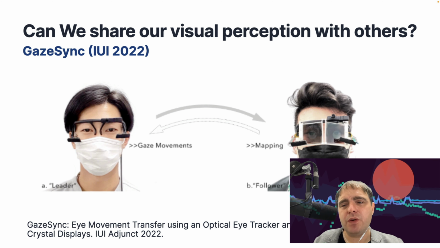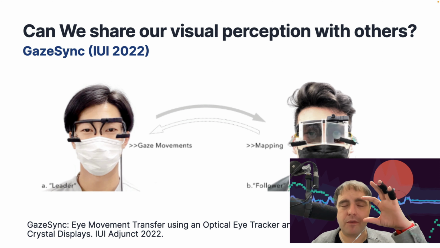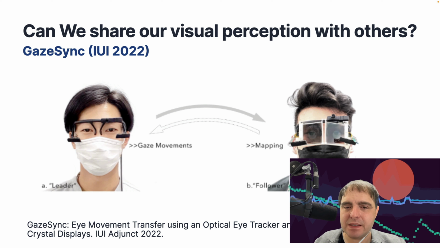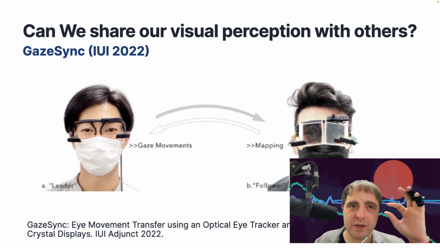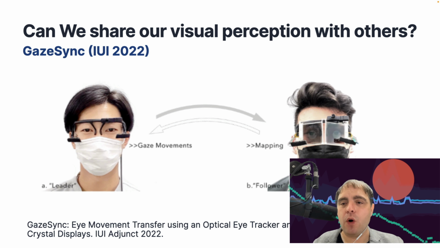In that case, we would use an eye tracker, a Pupil Labs eye tracker, to record and stream the eye movement of one person to another person, and using then monochrome liquid crystal displays on top of the eyes, so see-through displays, to guide the other person's eye gaze by blocking out some of the peripheral vision and moving the eye according to the recorded gaze.